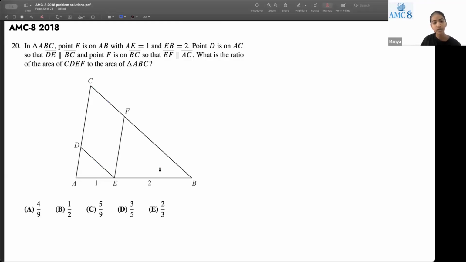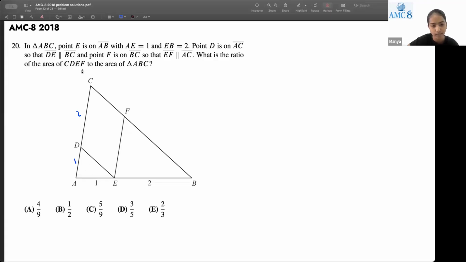And so, instead of finding the total area of this and then doing a ratio with the total area of ABC, we can just take the answer choices to our advantage and proceed. So we know that if this side is equal to 1, then this side is equal to 1, this side is equal to 2, and this side is equal to 2, since EF is parallel to AC.